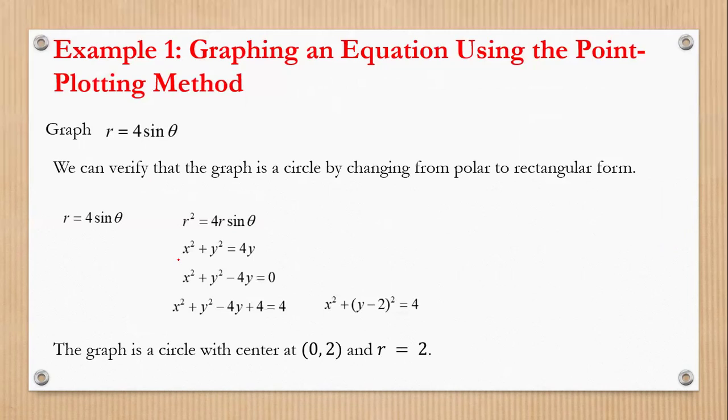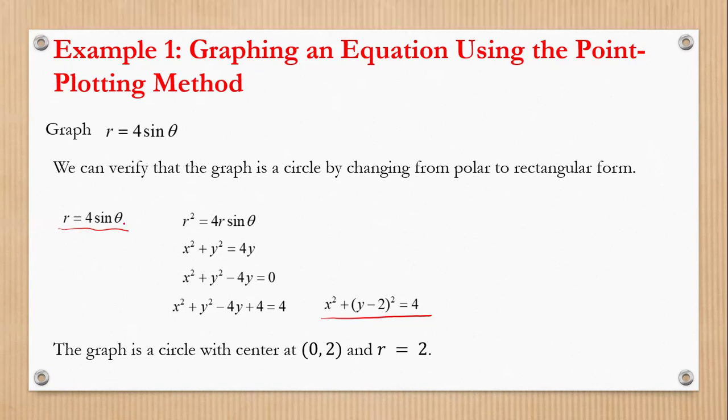And if we change the polar equation to the rectangular equation, as we did in the previous section, we can also see that we get an equation of a circle. So this is our equation. Just as a review, to convert this to rectangular form, we need r squared or r sine theta or r cosine theta.